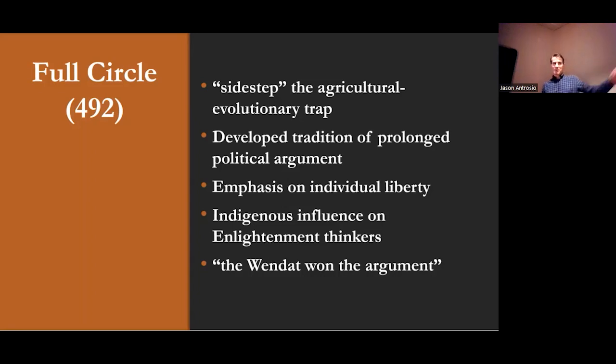So today, people might not really believe in human freedom, but you have to say that you believe in human freedom, because we're all supposed to believe in freedom. Whereas back in the day, the Jesuits, the European missionaries and others, said that it was wrong to have freedom, that you should submit to God and the church. And so their claim here is that the Wendat won the argument.